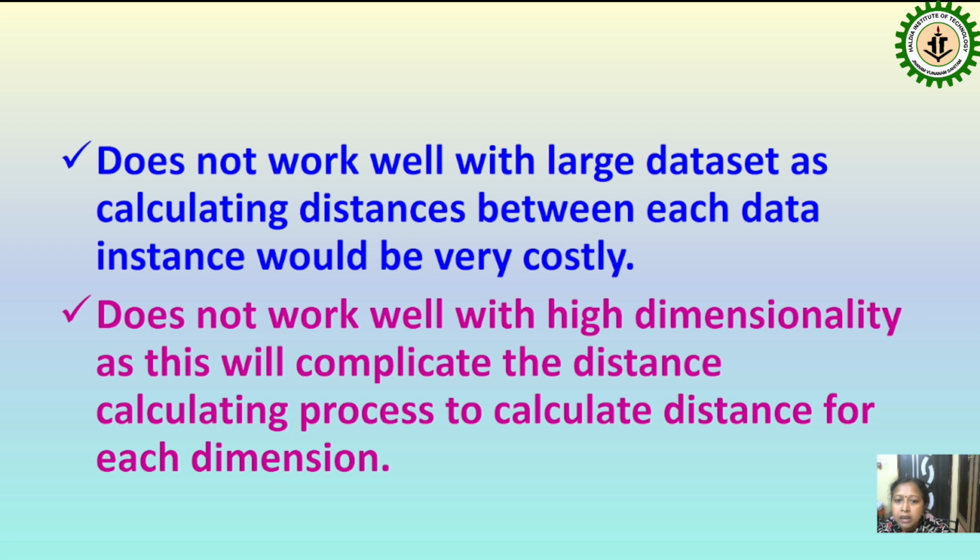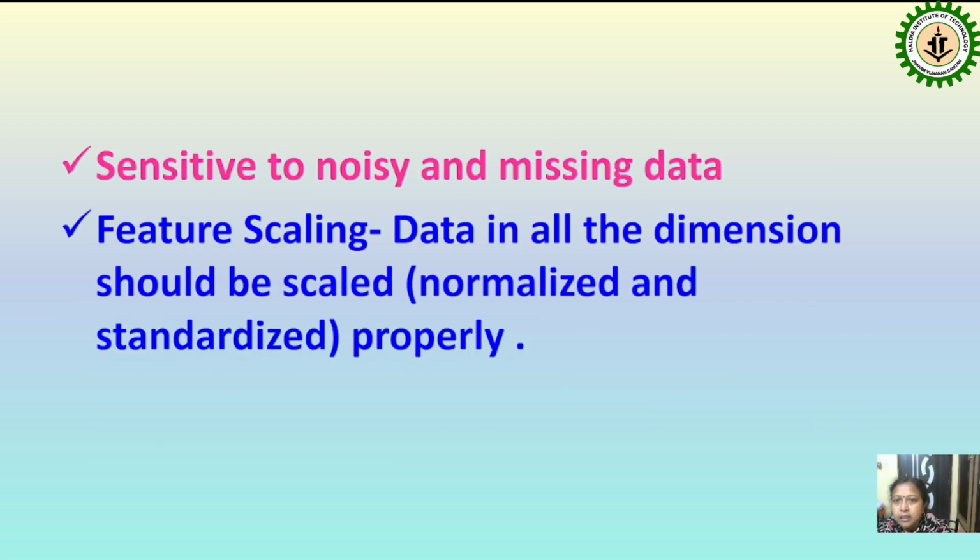It does not work well with high dimensional data sets as this will complicate the distance calculating process for each dimension. It is very sensitive to noisy and missing data also. Feature scaling is also required. Data in all the dimensions should be scaled properly.